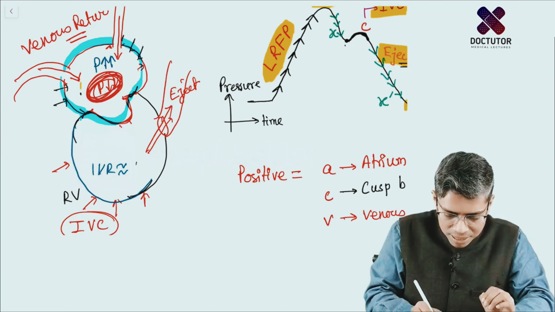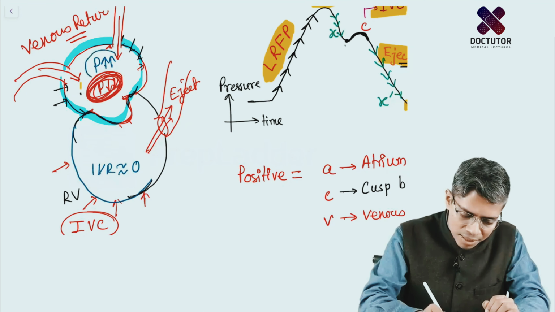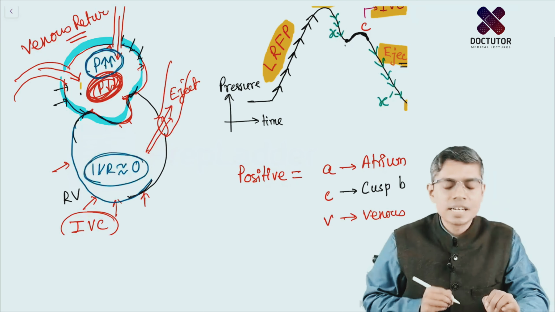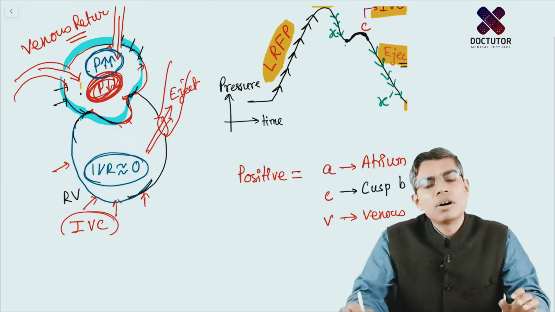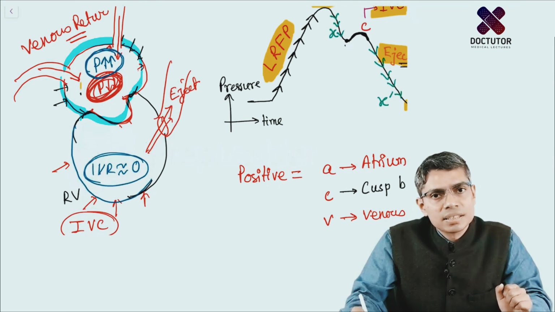At the end of isovolumic relaxation, ventricular pressure is near 0. So due to venous return, atrium pressure is very high, and due to isovolumic relaxation, ventricular pressure is very low. That is happening at the end of the V wave, at the end of isovolumic relaxation.